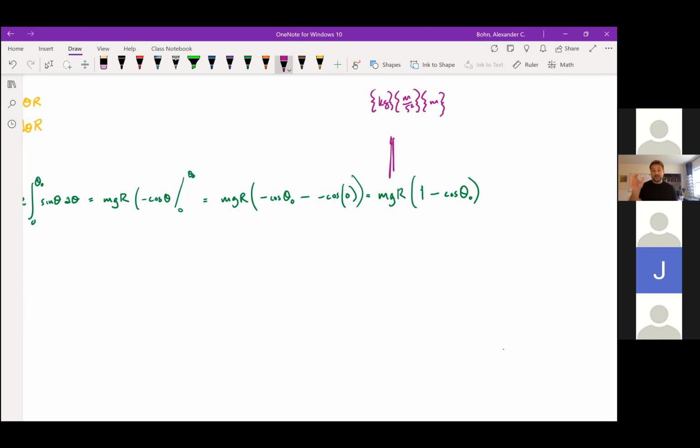Cosine is dimensionless. This thing in parentheses doesn't have a dimension. So we've got kilograms, meters squared per second squared, which is a mouthful. So let's define this as joules.